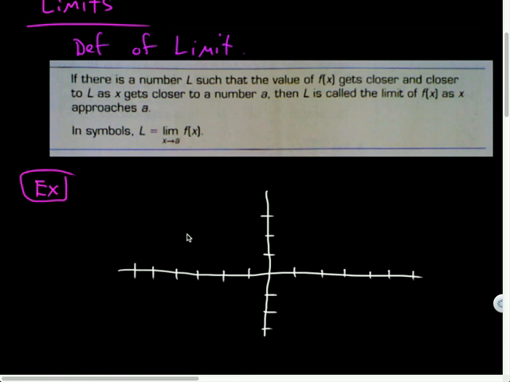So let's do this. Suppose I've got this situation. All right, and suppose I've got one of these, maybe like that. So that's at -2, and then we'll have one of these.